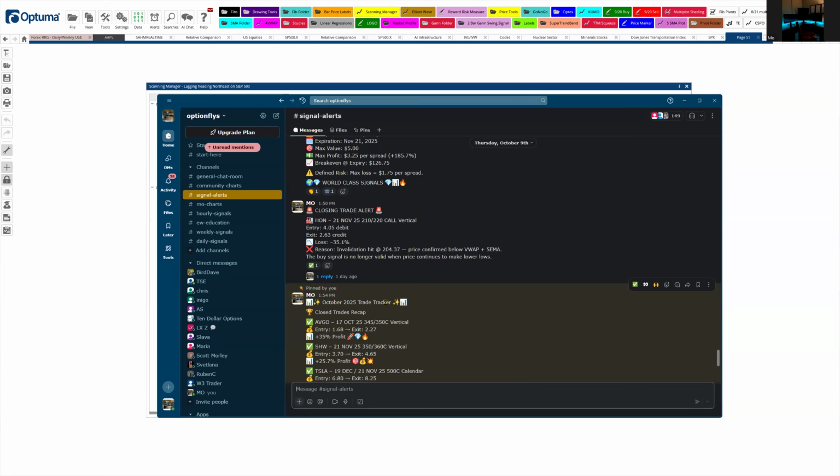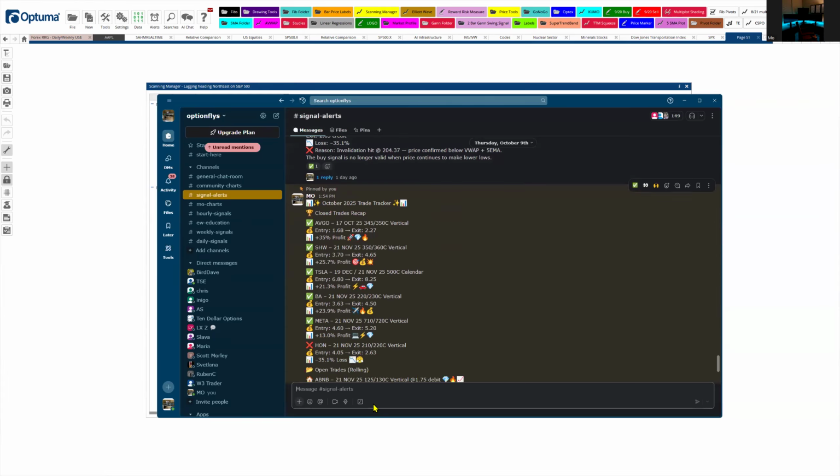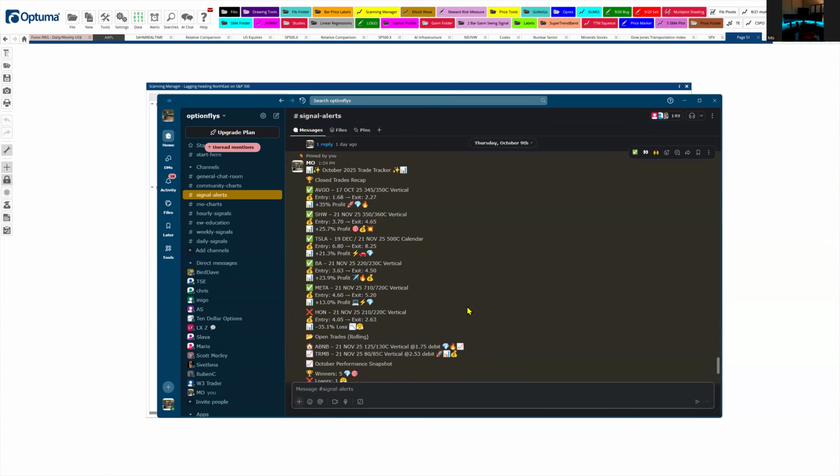So it saves in a vault. Everything that goes in the memory, ChatGPT stores in a vault. So I just type, hey, update the October 2025 trade tracker with this trade. Okay, we close this one. Give me the updated one. It prints all the trades that we have done, everything.